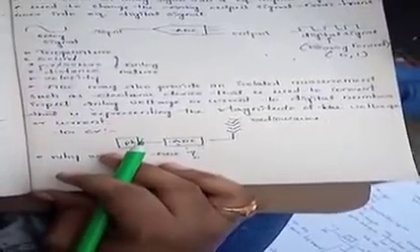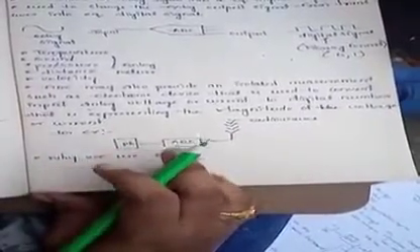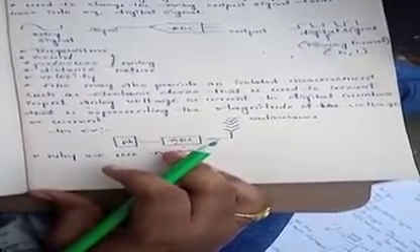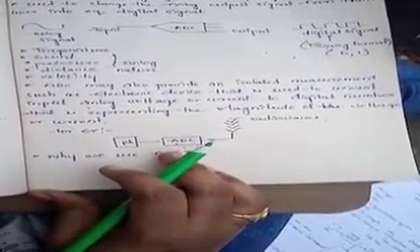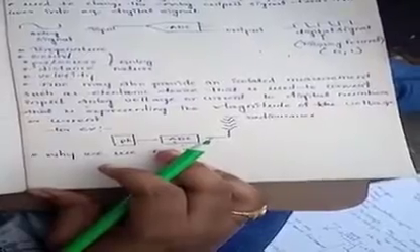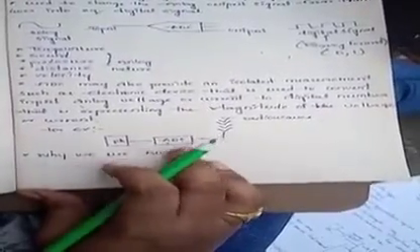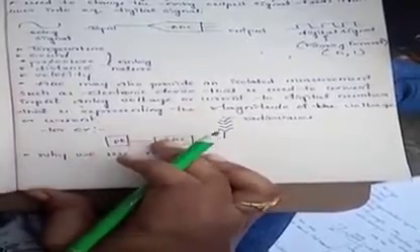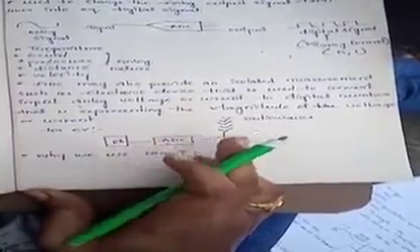ADC is used because the controllers and processors don't understand anything except digital input. Because of digital input, these analog signals are converted into digital signals using this ADC.